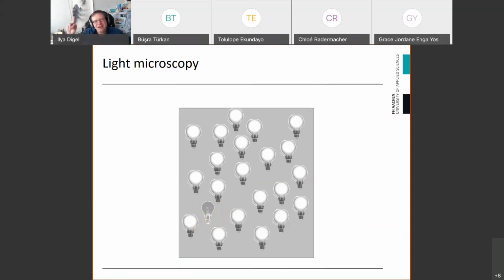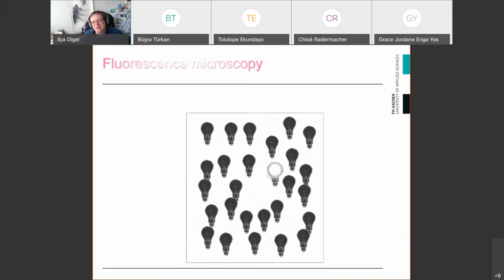And now we have another picture, and I think it's very easy to see. If you have a dark room filled with billions of lamps, but they're all not glowing, all not emitting light, and only one single lamp produces light, you say, sure, I see it immediately. And this is again exactly the idea of fluorescence microscopy, because your whole background is idle, it's dark.